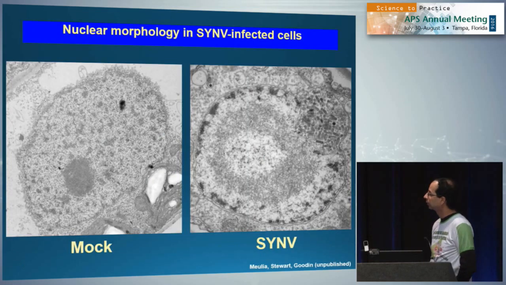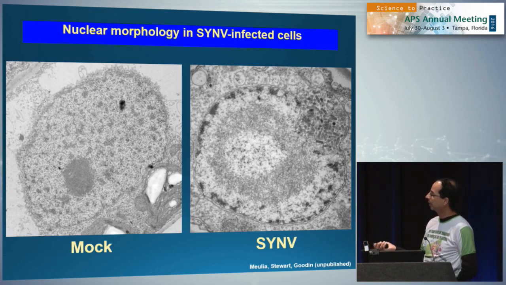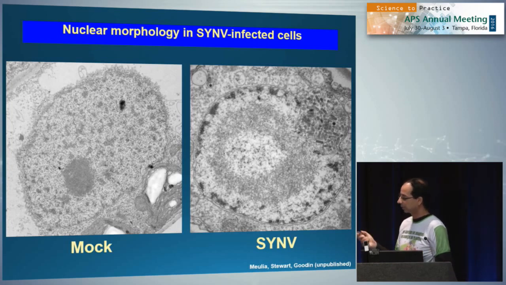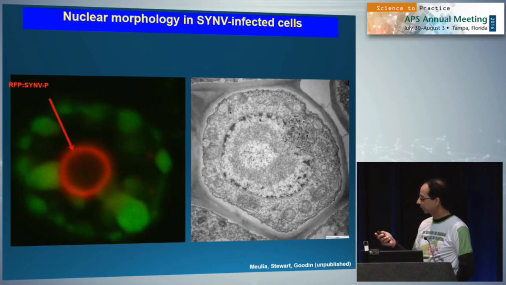All right, so to show you what it actually looks like by electron microscopy, nucleus in a virus-free Nicotiana benthamiana, and in the case of a nucleus infected with Sonchus yellow net virus. And there's this beautiful ring structure, this virus accumulation over here. So that ring, if you express the phosphoprotein as a red fluorescent protein, you see this beautiful ring structure.